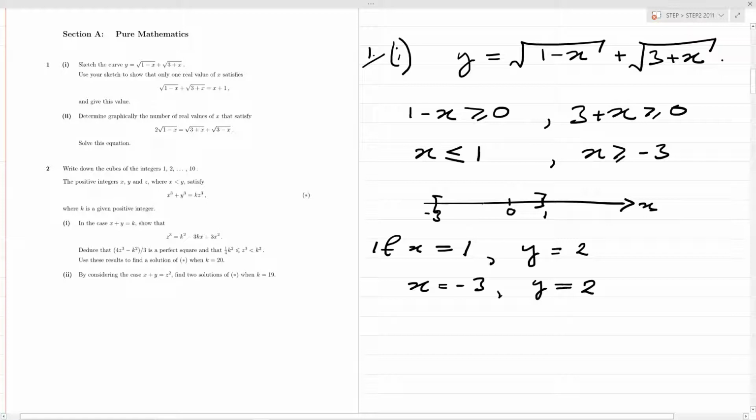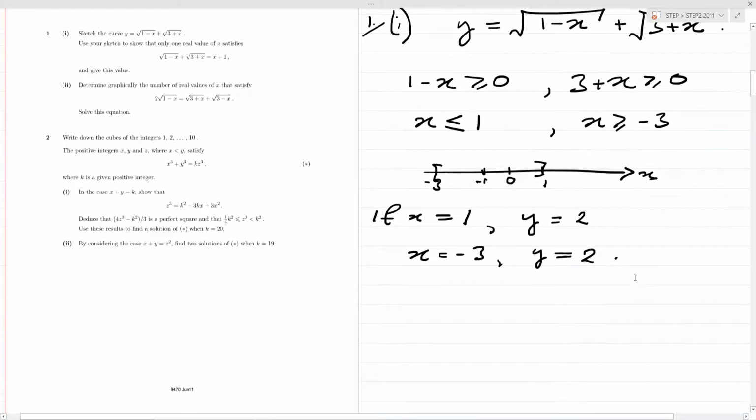So actually what we're going to get is a graph which is going to do something, maybe go up or down, maybe a straight line, but we know it's going to start and end at a point where y equals 2, because that's what we've got. So it may have more curves in the middle, and we can only determine that really by some calculus.